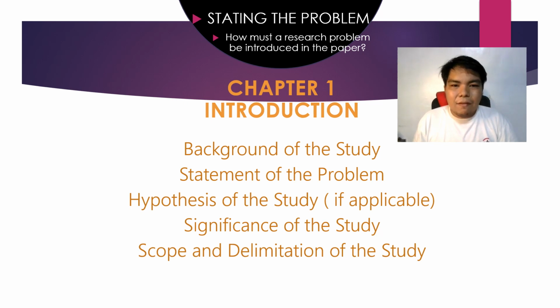We have the introduction, chapter 1, which would cover the background of the study, the statement of the problem, the objectives of the study, the hypothesis of the study, the significance of the study, the scope, and the delimitation of the study. Essentially, the statement of the problem and objectives of the study are the same. We will be discussing these parts in greater detail as we move along with our discussions.